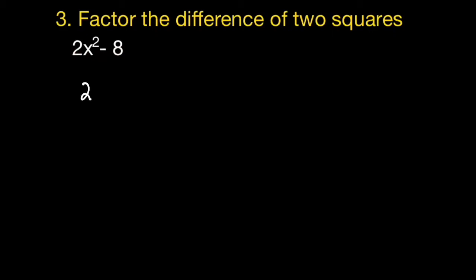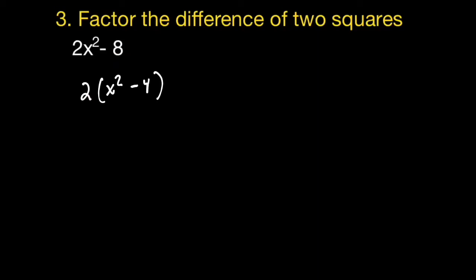So we can rewrite this as 2 multiplied by, and to figure out what goes inside of the parentheses, we just divide our terms by whatever it is that we factored. So 2x squared divided by 2, that's going to leave us with an x squared. And then negative 8 divided by 2 will leave us with a negative 4.